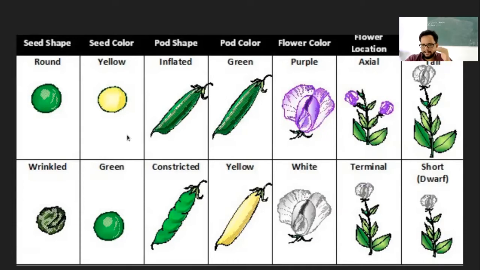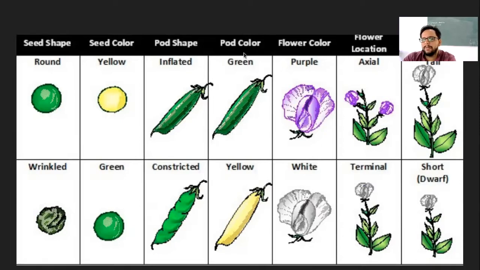Again, we will see this when we go to the monohybrid cross and dihybrid cross. So if this is not clear here, it will get more clarity in the upcoming slide. But what it means is, monohybrid cross studies only one particular characteristic at a time, and in a dihybrid cross, you take any two of these.